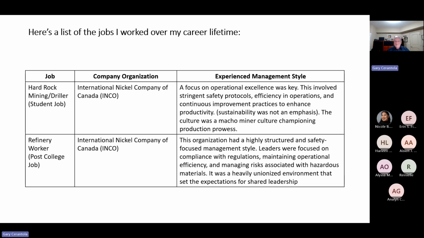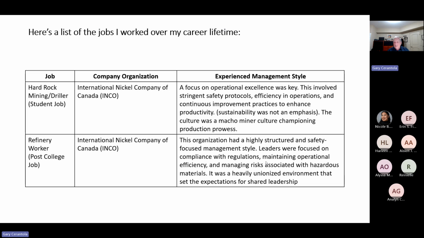Bonus was dictated by time and motion studies. They would look at the amount of work that got done in a certain time, and then assign an incentive for going beyond those things. And then I worked in a refinery as an actual operator, with a highly structured, safety-focused management style.